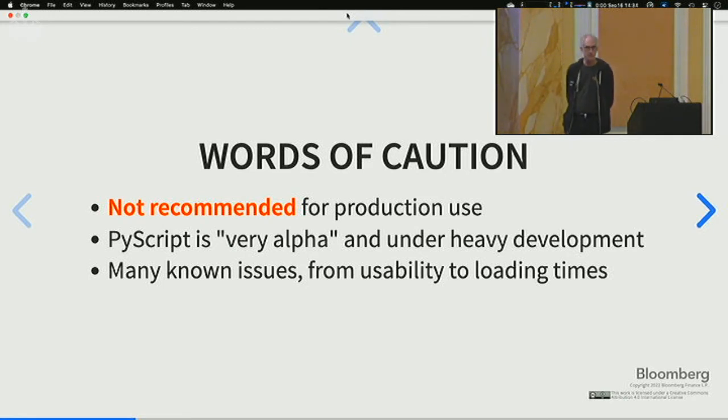It is not recommended for production use at this time. The authors of PyScript, in their own words, describe it as very alpha. There are a number of known issues from usability to loading times. I've had some issues with some of the widgets. They just flat didn't work, and so I worked around that and did some other things. But it is continuously getting better.